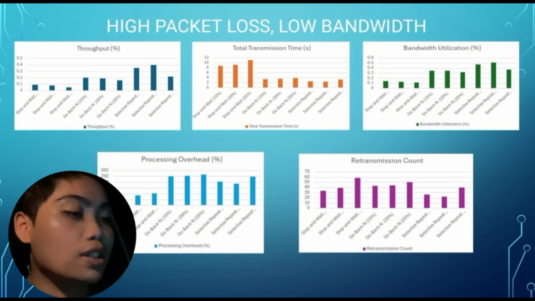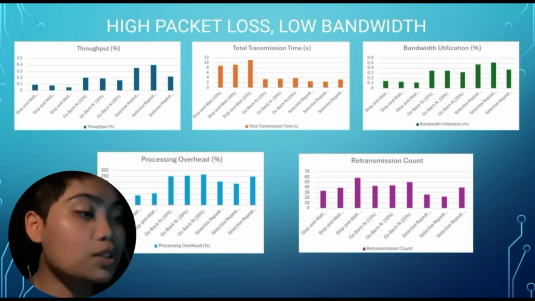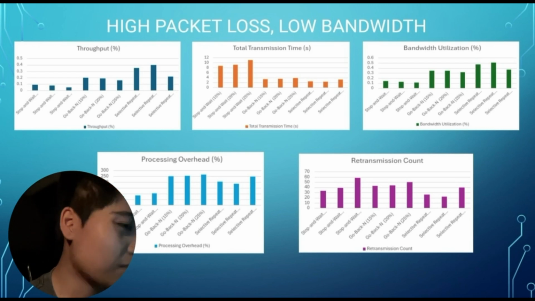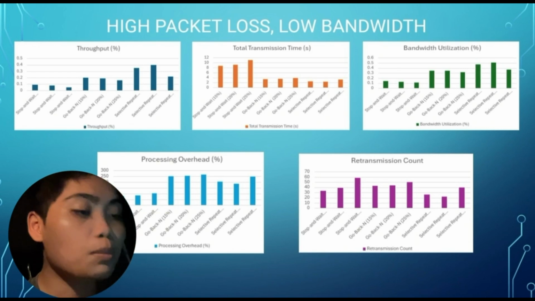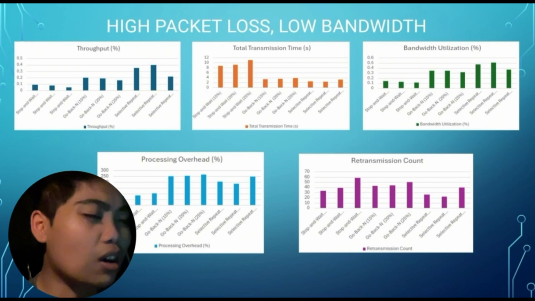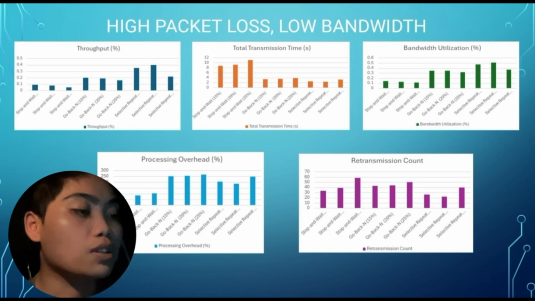Now for processing overhead. This one flips a bit. Stop and wait is the lightest in terms of processing because it is super simple. Go back N and especially selective repeat have higher overhead because they need to keep track of multiple packets and acknowledgements.